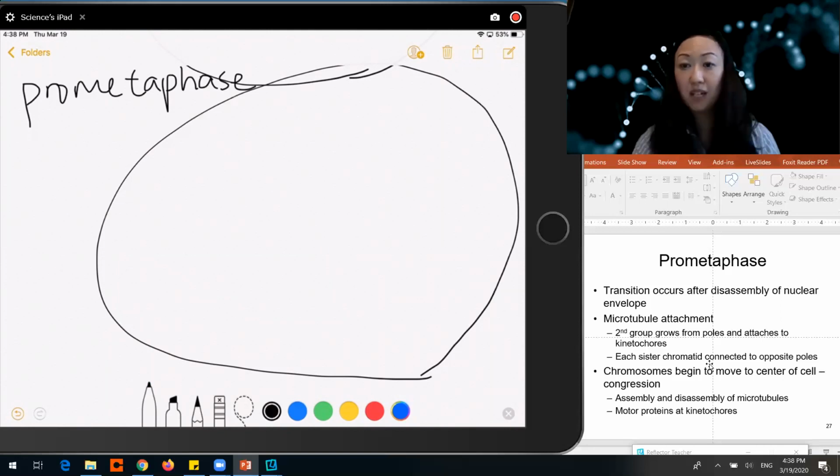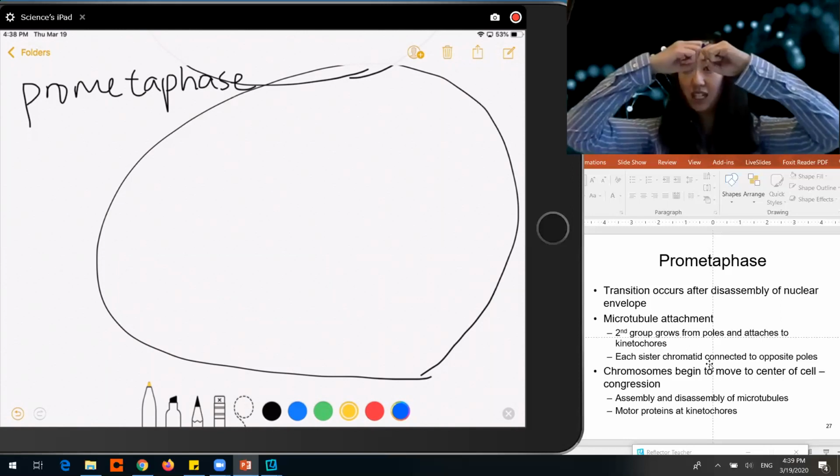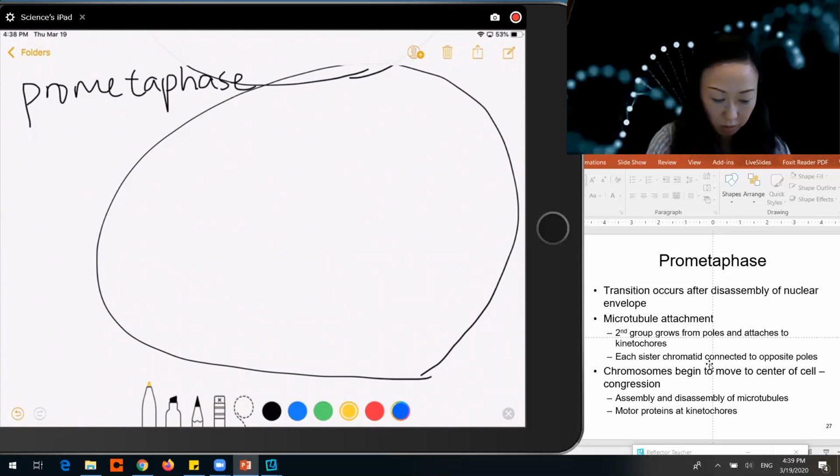Now the nuclear envelope is gone, so you're not going to see me draw out anything green from this point forward for a long time until we're in telophase. The main thing is that microtubules are now going to attach to the chromosome. They're ready to latch on to the kinetochore and move it around. So it will now be at an opposite pole because they accomplished that.